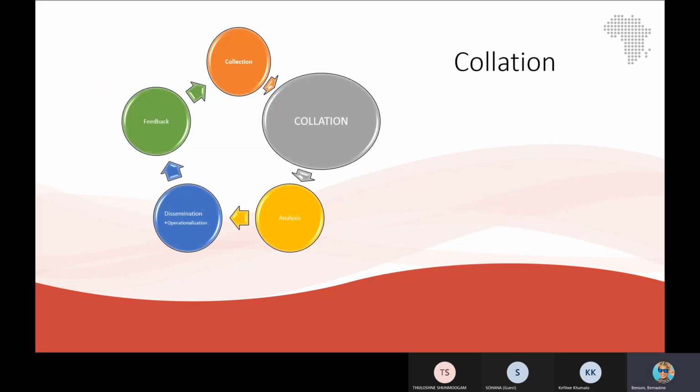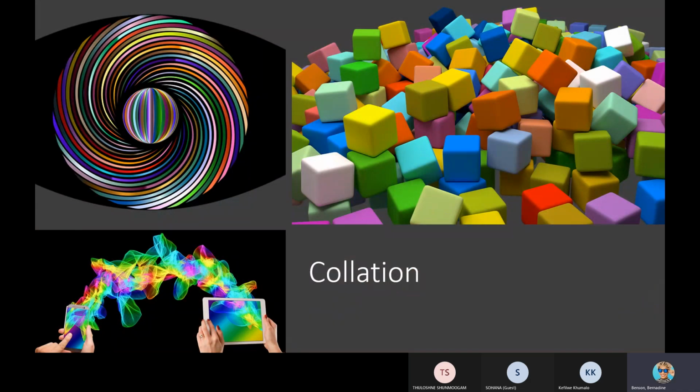Okay, our next step is that of collation. During the second step, you're going to bring together all the information that has been gathered, and it gets reviewed. We look at it, it gets sorted, it gets indexed, and it gets stored.